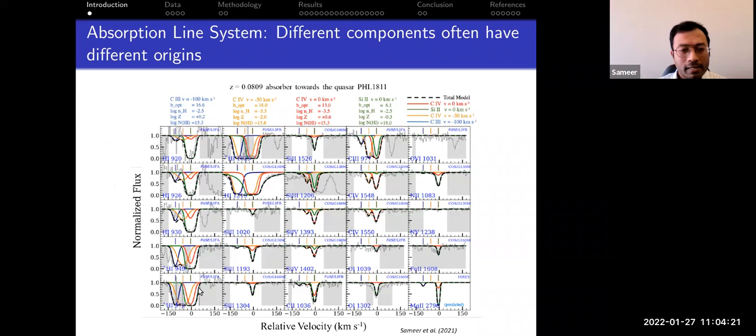In the various panels, we are seeing the absorption in different transitions, starting from the higher order Lyman lines, H I 920 to Lyman gamma, then Lyman alpha, Lyman beta. Then the low ionization transition, the intermediate ionization transition of silicon III, the higher ionization lines of silicon IV, and the even higher ionization lines of carbon IV, nitrogen V, and oxygen VI.